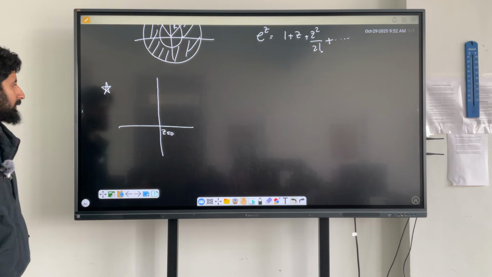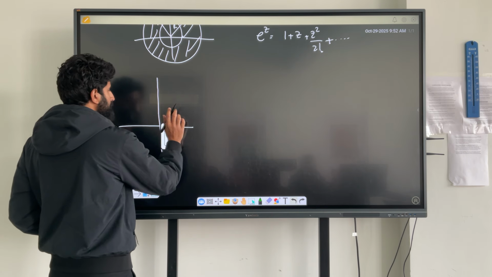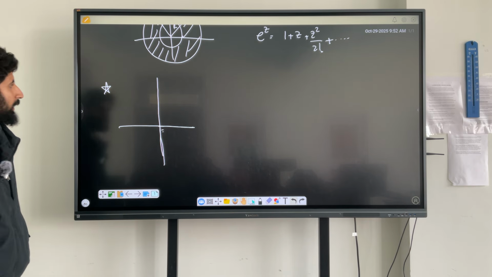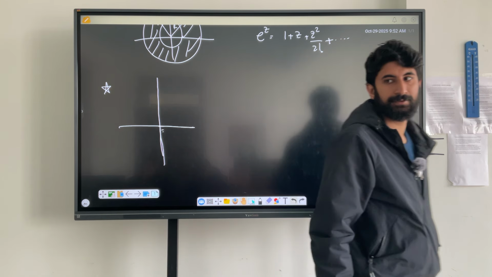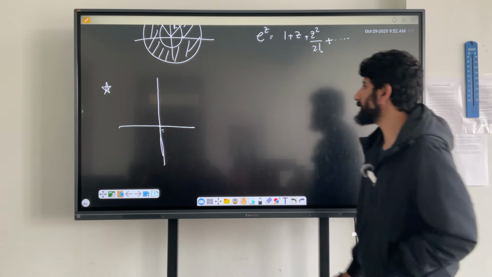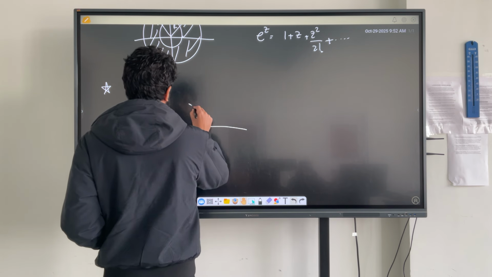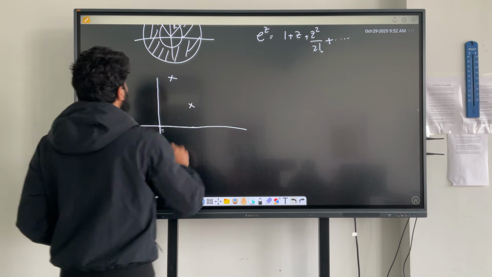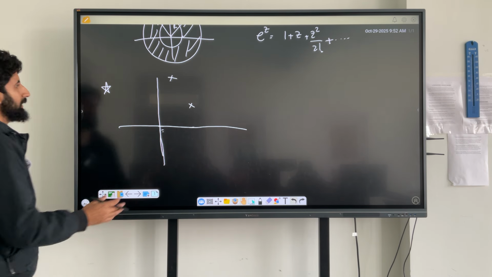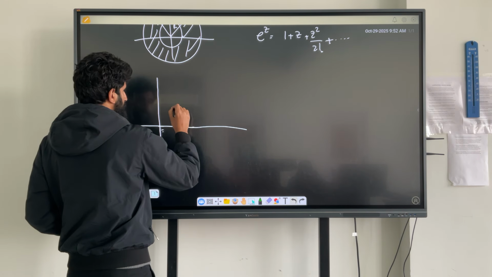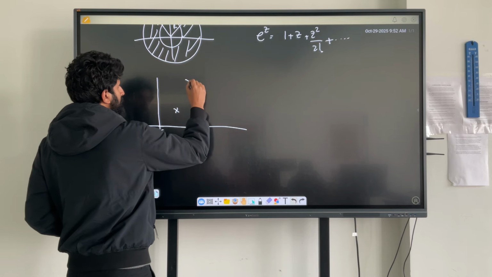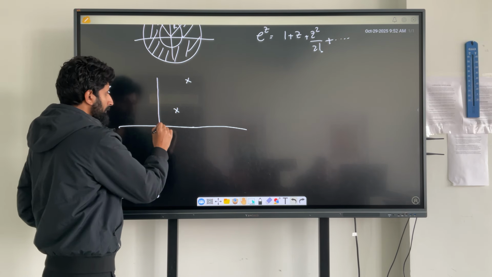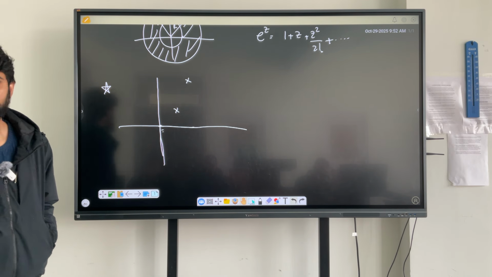Now we'll still expand around z equal to 0, but we'll assume there are some non-analytic points. So let's say there is a non-analytic point here, and there is a non-analytic point here. Let's take 2 of them because the arguments are basically the same.